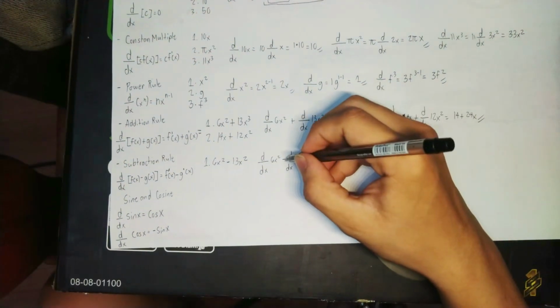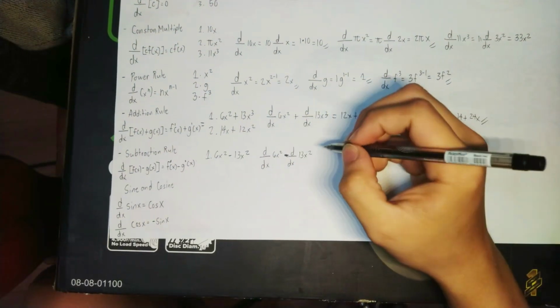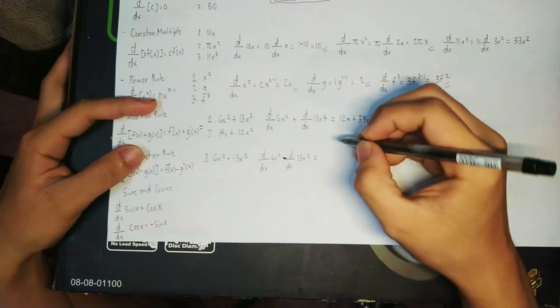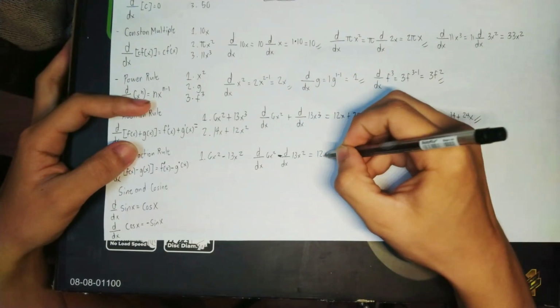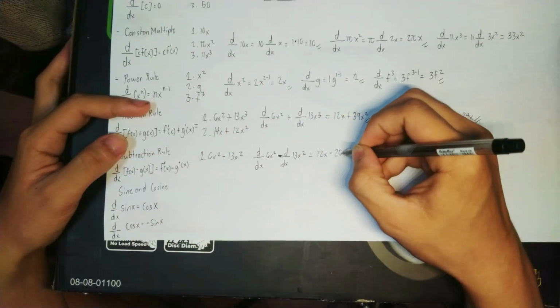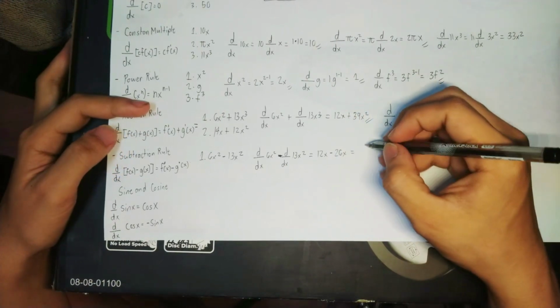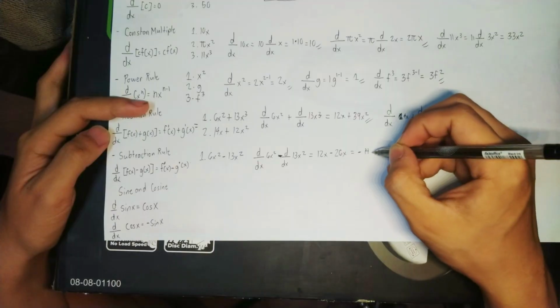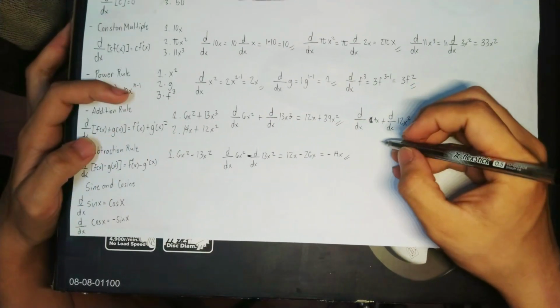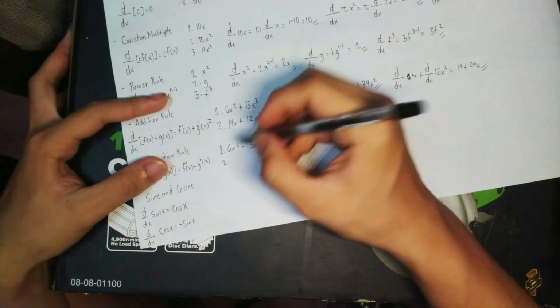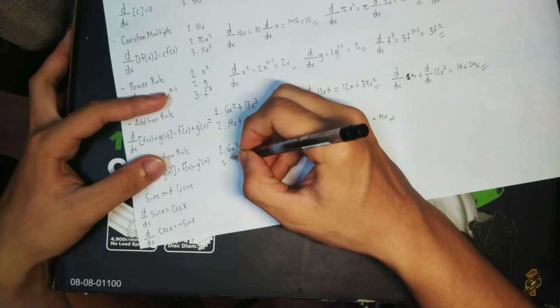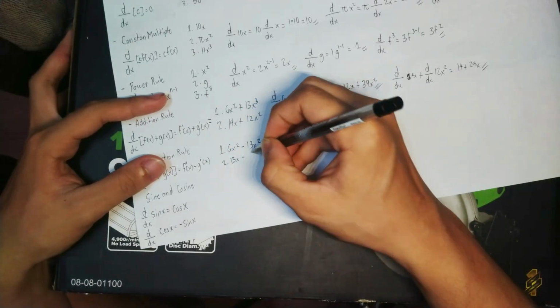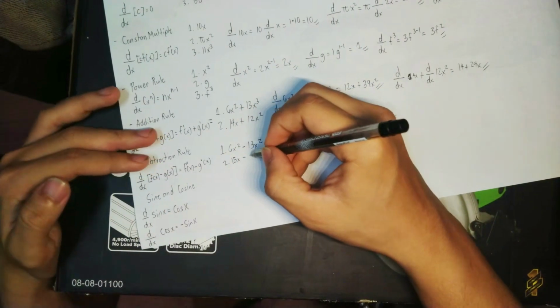You have the derivative of 6x squared is 12x, and the derivative of 13x squared would be 26x. And then you subtract them, just like this. That'll be negative 14x. And that's the final answer.